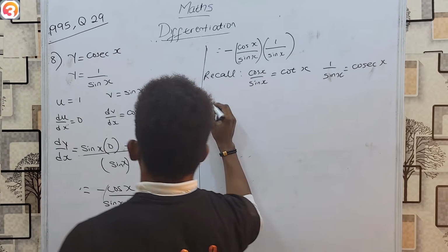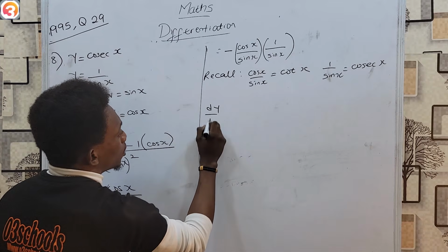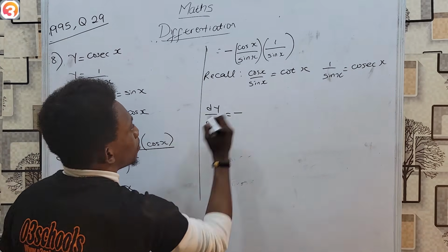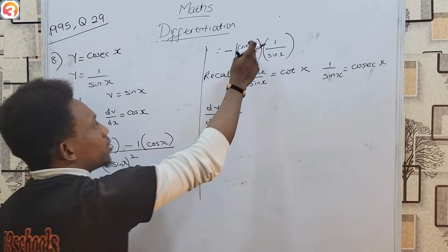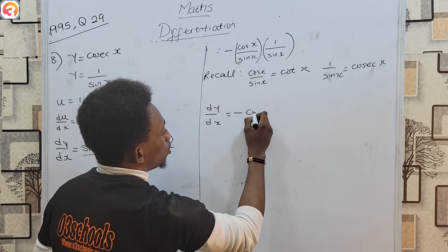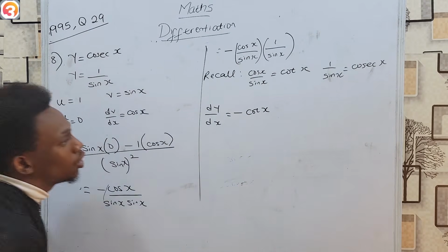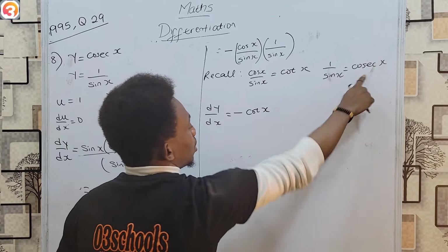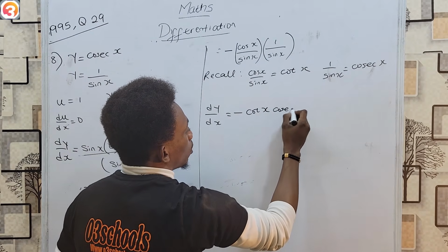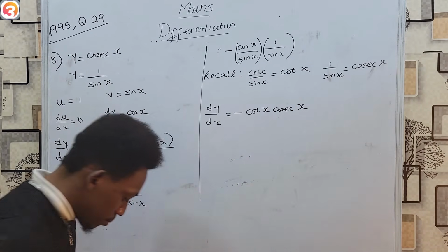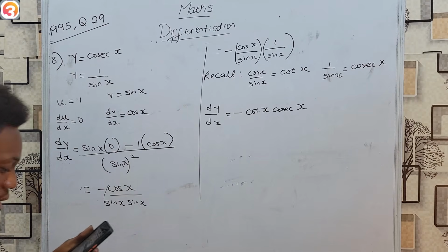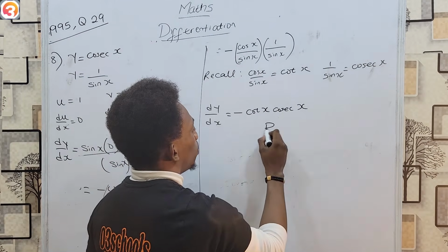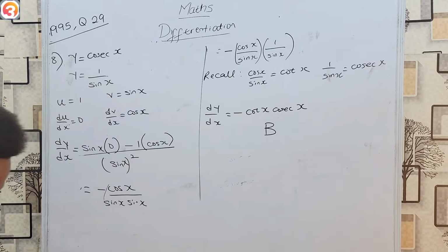Which means that my dy/dx here will be minus, where I see cos over sine, that turns into cot x, and where I see 1 over sine, that turns into cosec x. When I look at my options, that is option B.